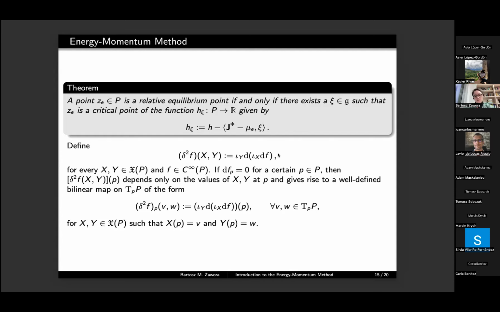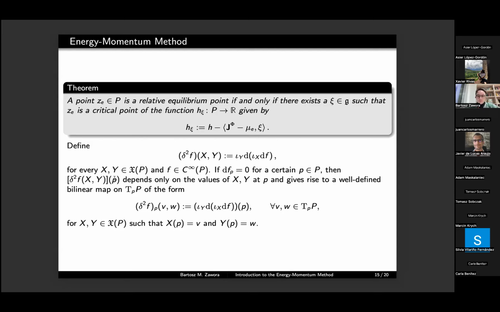If df, the exterior derivative of f, is equal to 0 at a certain point p, then the second variation of f taken on x and y at this point p depends only on the values of x and y, and gives rise to a well-defined bilinear form on the tangent space at this point.